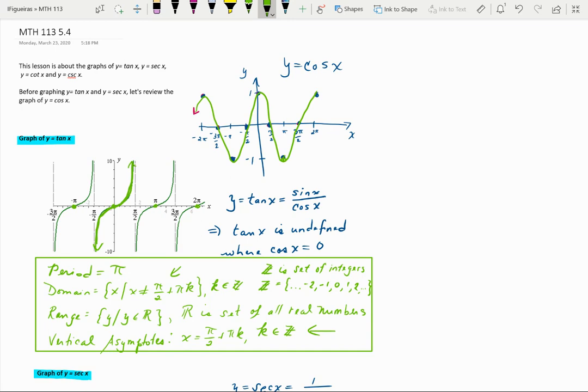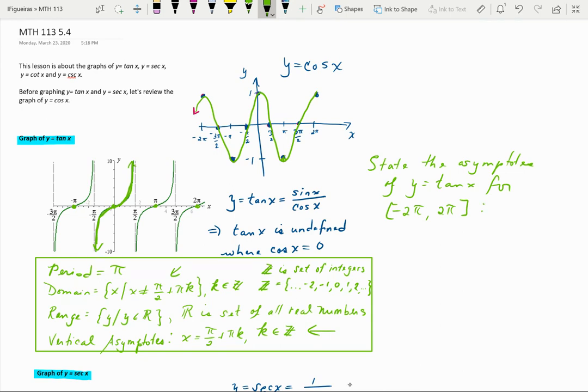So for example, if I said, state the asymptotes of y equal to tan of x for, let's say, the interval from negative 2 pi to 2 pi, then you would have a limited number of asymptotes.